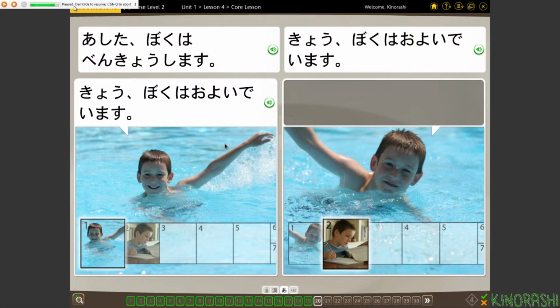Yes, shimasu, polite, indicative, positive. I'm kind of curious why they use shimasu sometimes and imasu other times. Oh, to be, that's right.